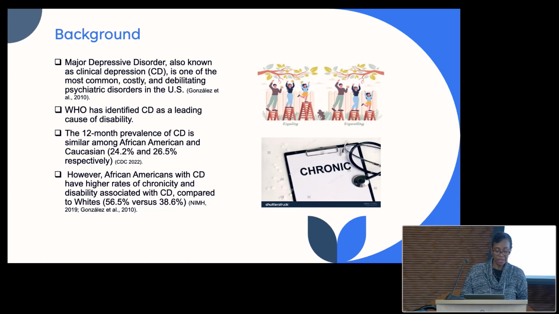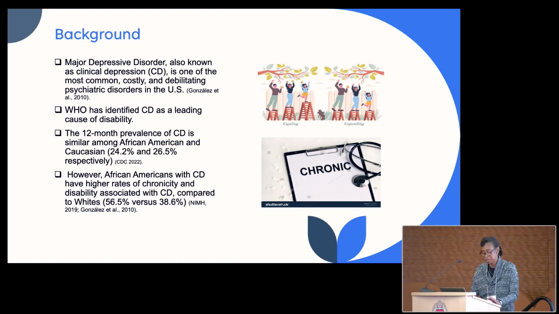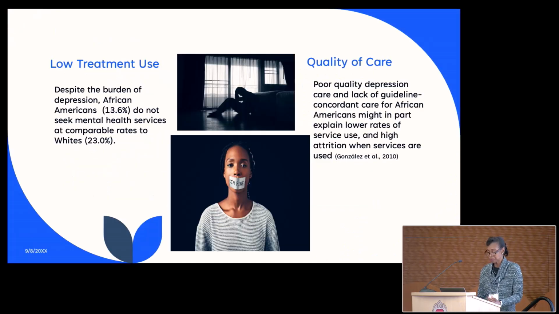And we have data indicating that the 12-month prevalence of clinical depression among African Americans and whites are similar. However, African Americans tend to have higher rates of chronicity as well as disability associated with clinical depression.